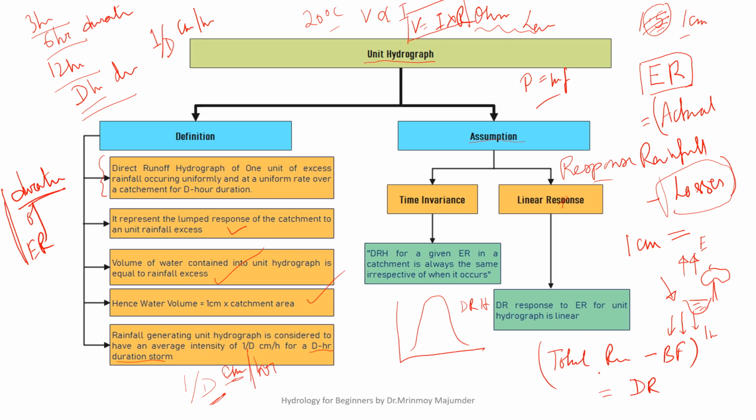Another very interesting assumption is linear response. The response of the watershed to an ER is always linear for the unit hydrograph. So what does that mean? That means if there is X1 amount of rainfall, then Y1 amount of runoff will be there.